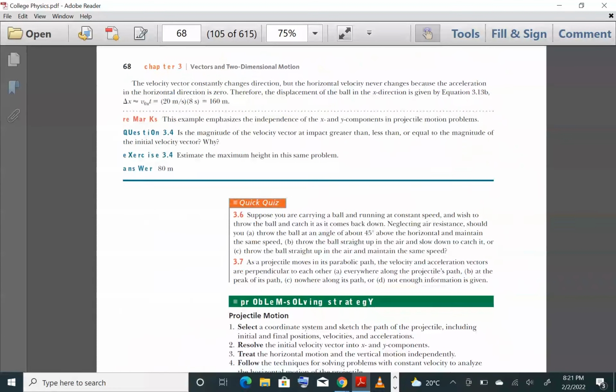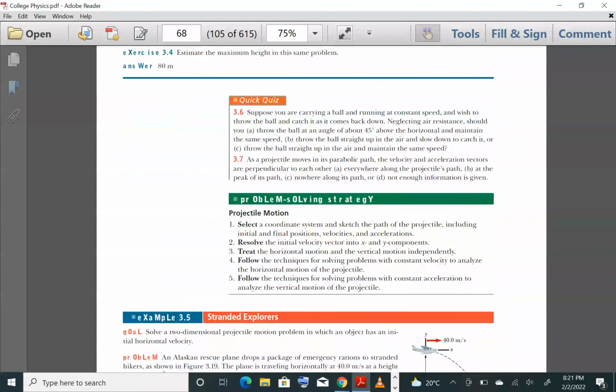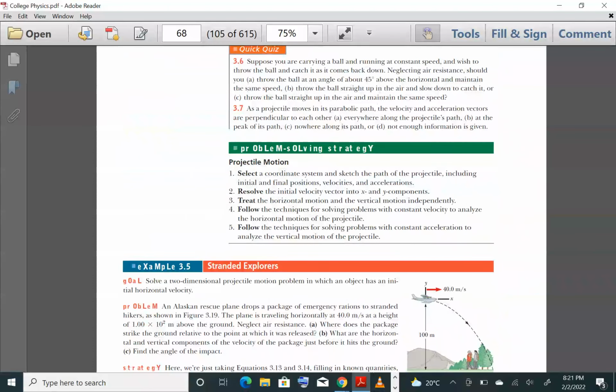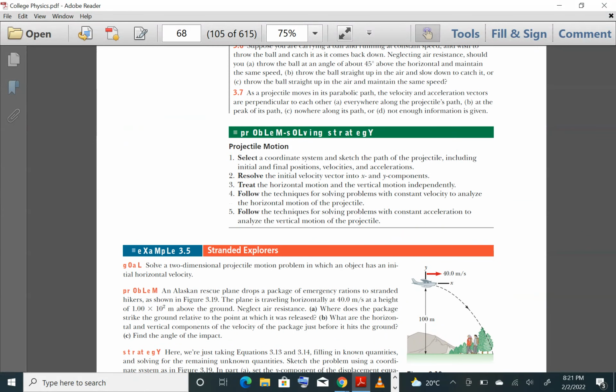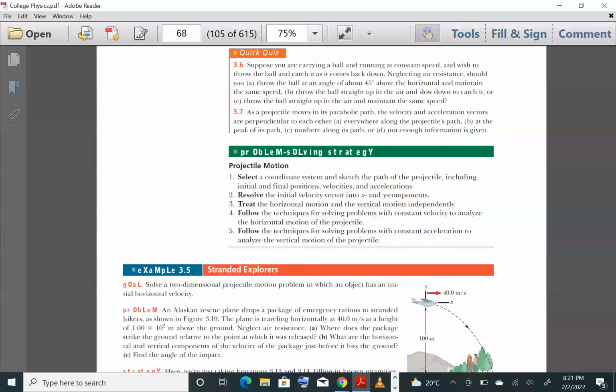Okay, here's our question. Basically, those are the key components that you have to be comfortable with. So let's look at this example. An Alaskan rescue plane drops a package of emergency rations to stranded hikers, as in figure 3.19, the figure which you can see on the far right.